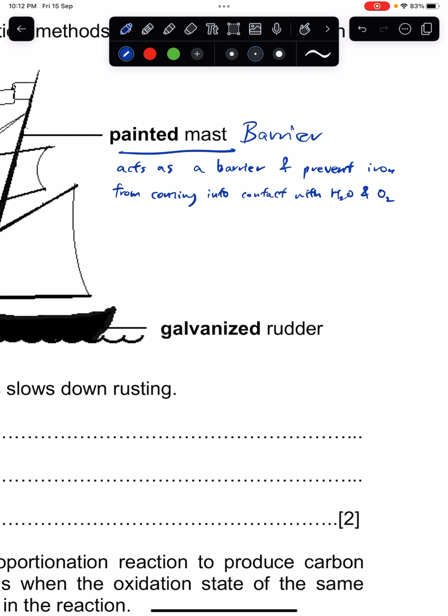So you prevent it from coming into contact and reacting. So the barrier prevents them from touching each other and reacting. Touch and react. If you don't touch, how do you react, right? That's it, 2 marks. So the barrier itself is 1 mark.